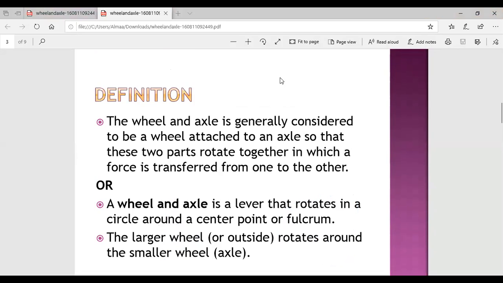Because we can't do this work or force by our body, so we are using the wheel to produce movement, or to produce force, or to lift a weight.